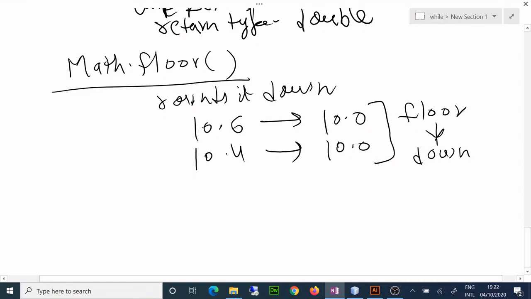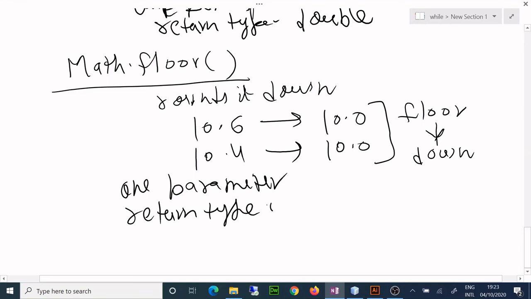So down, no matter whatever the value after the decimal is. It takes one parameter or argument, and its return type is double.